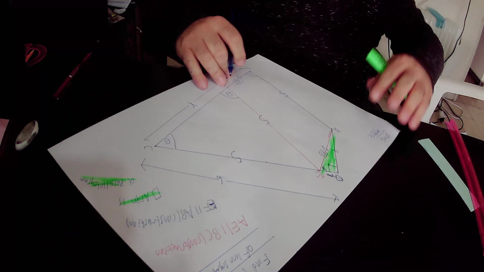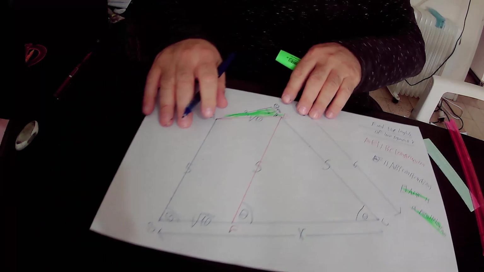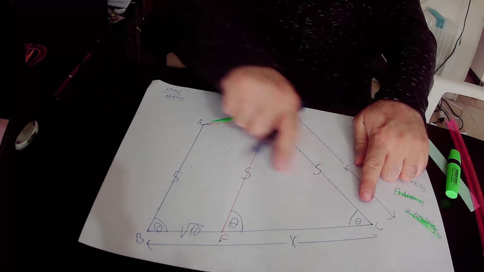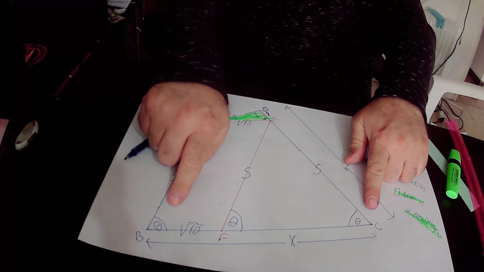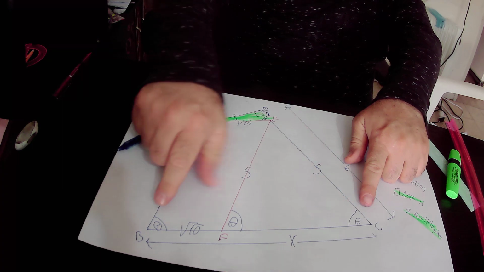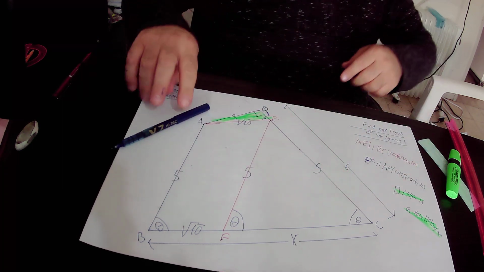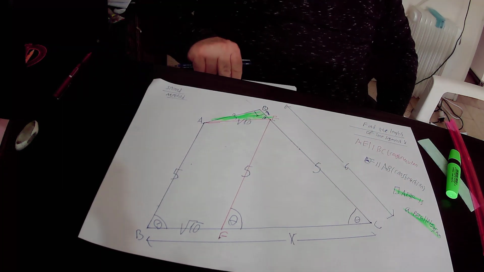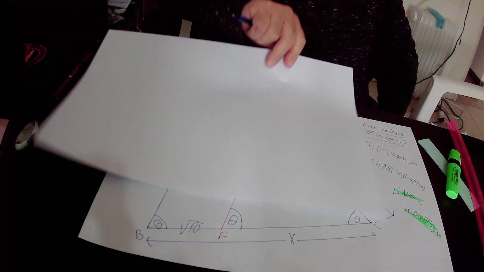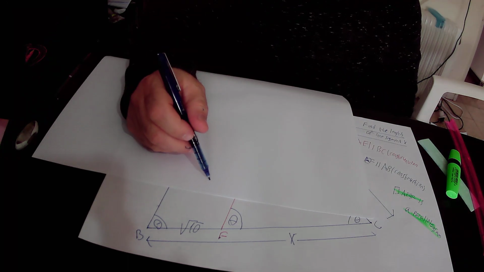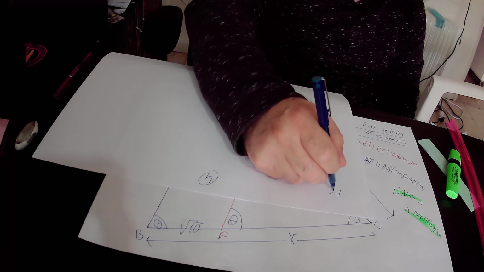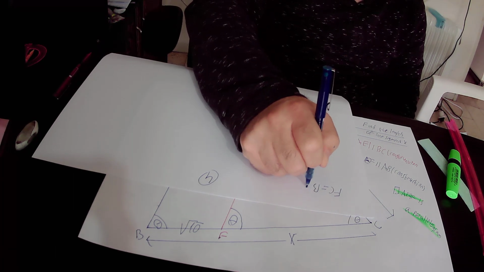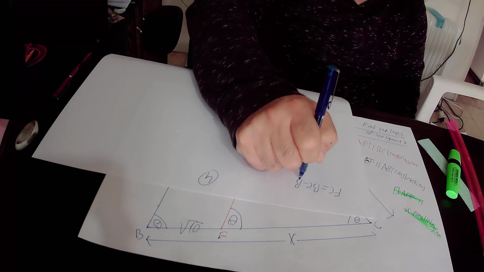Now it is very easy to find the length of FC. Here FC equals BC minus BF.